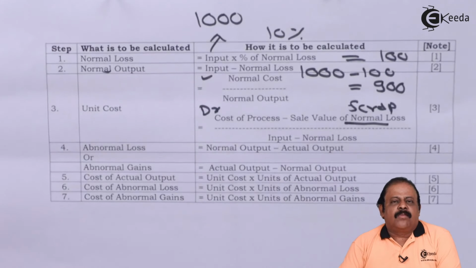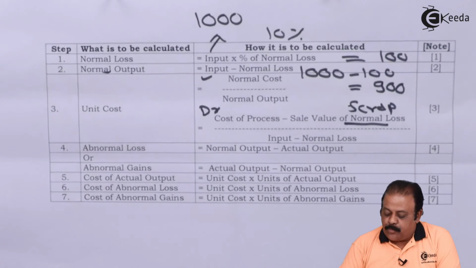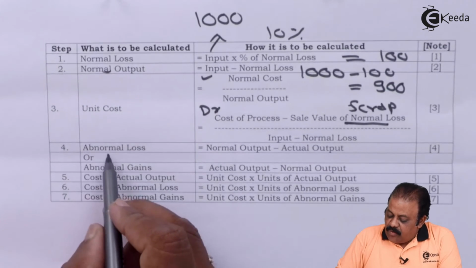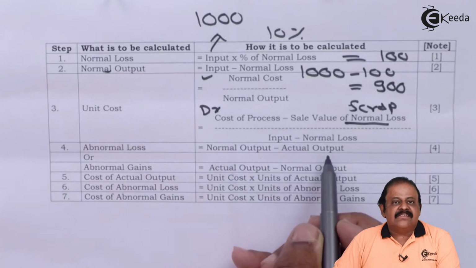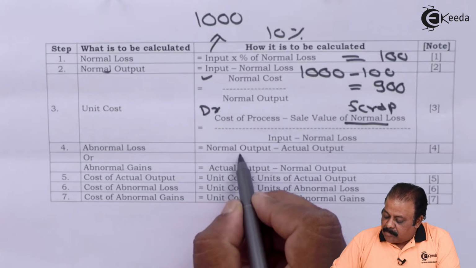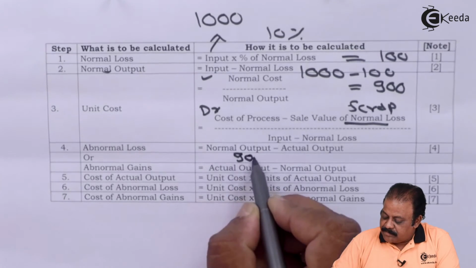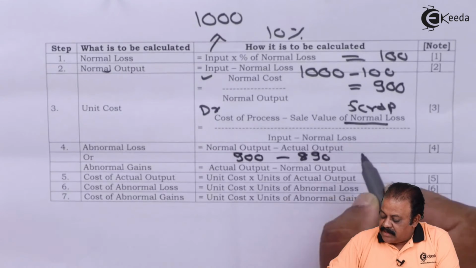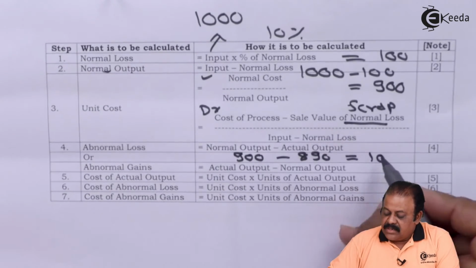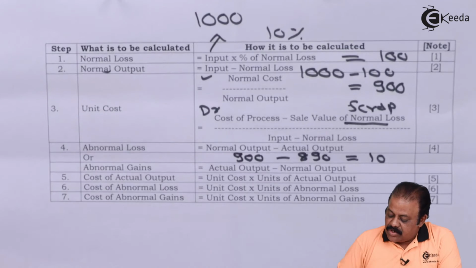Input minus normal loss means expected output. If we want to calculate abnormal loss, the formula is normal output minus actual output. For example, normal output is 900, actual output we got 890. So 900 minus 890, 10 units will be abnormal loss units.